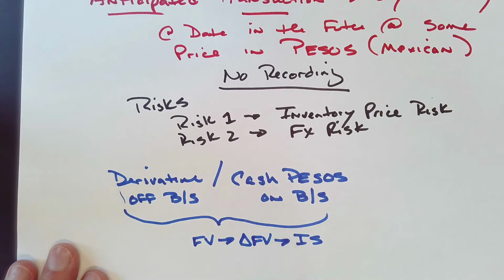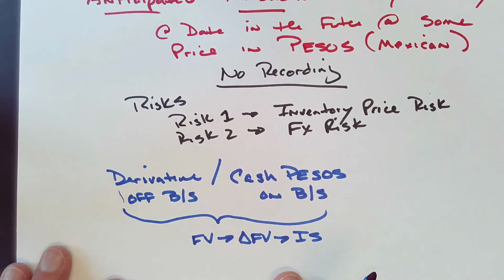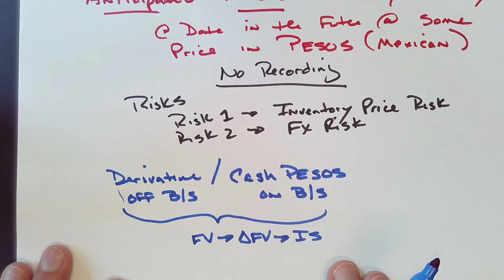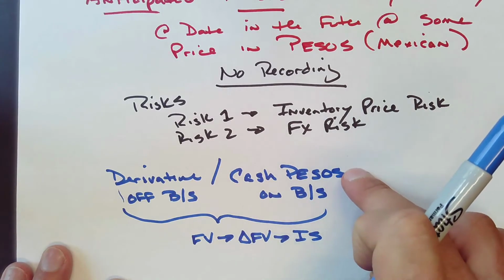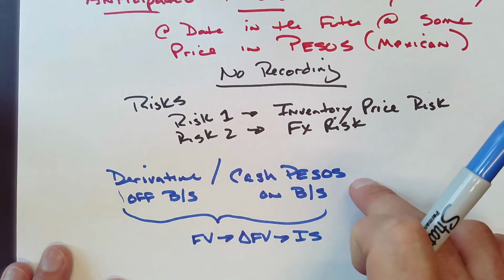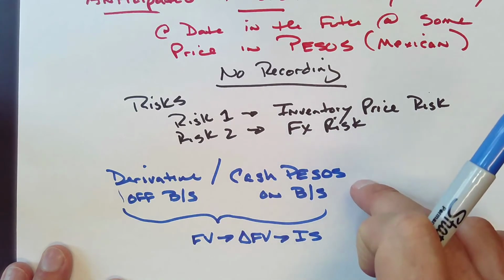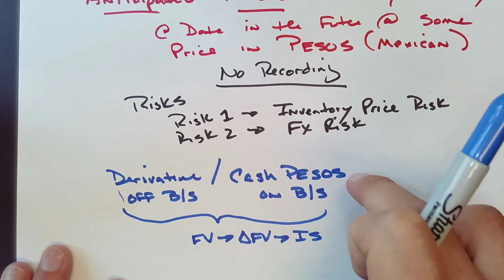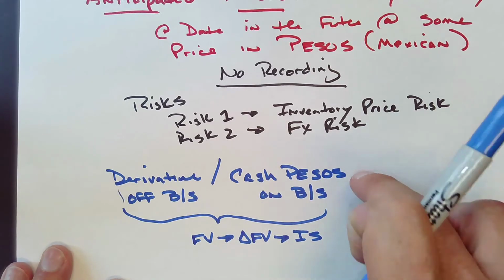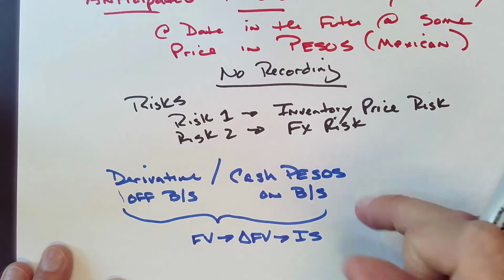Right? So here I get why getting into a forward contract makes sense. Because if you use on-balance sheet cash pesos, the FX changes for the pesos are going to go through your income statement, right?